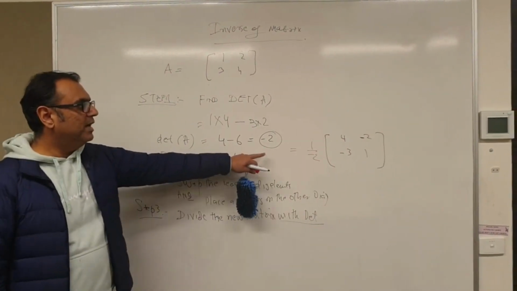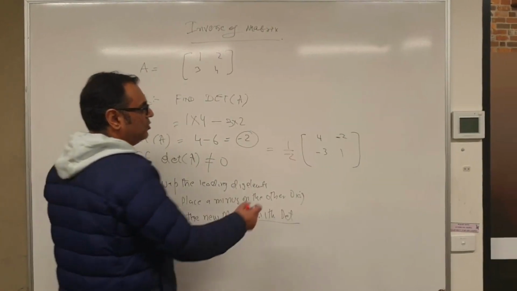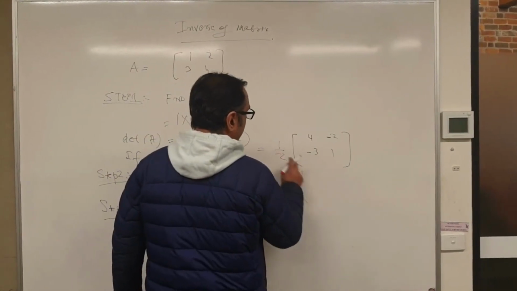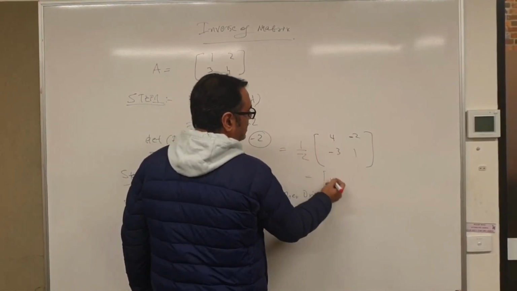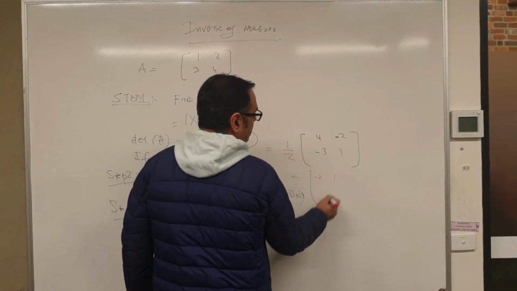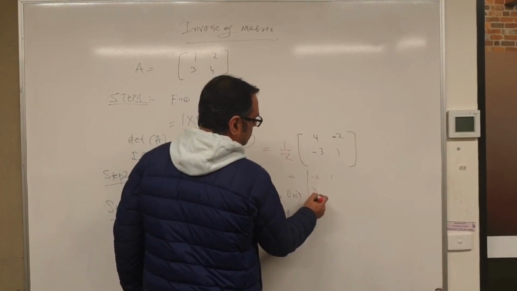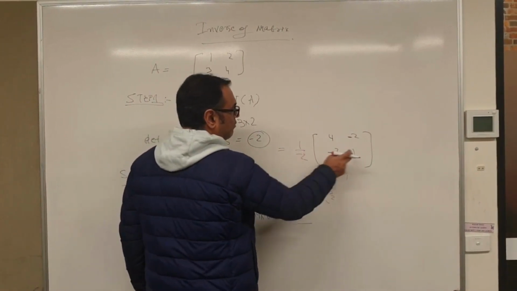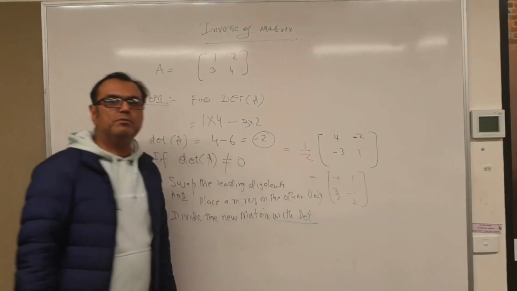Now you can take everything inside. You have to divide each element by negative 2. So 4 divided by negative 2 is minus 2. Negative 2 divided by negative 2 is 1. Minus 3 divided by minus 2 is 3 over 2. And 1 divided by minus 2 is minus 1 over 2. That's the inverse of the matrix. You can try it.